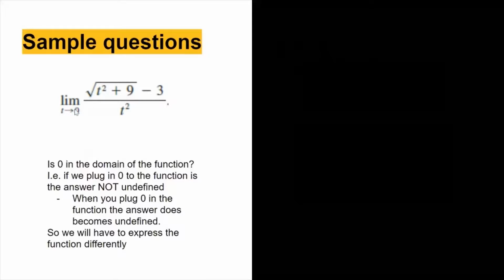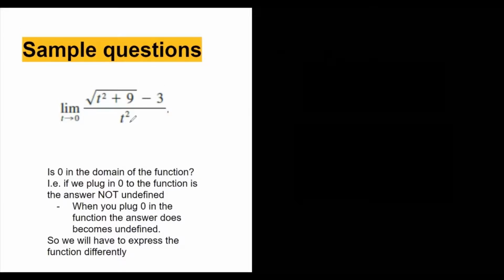In this case, if I put 0 inside of t, I get 0, and any number divided by 0 is undefined. So it is clear that we will not be using direct substitution in this part of the question. We need to further change the question to give a form where we can actually use substitution.